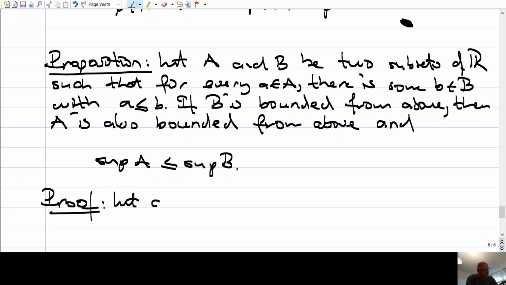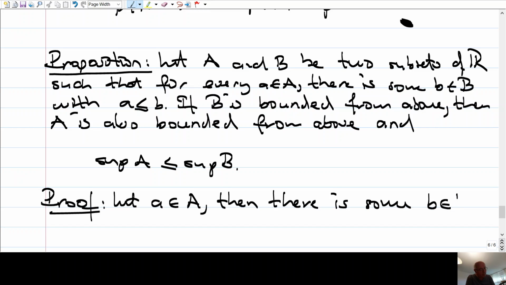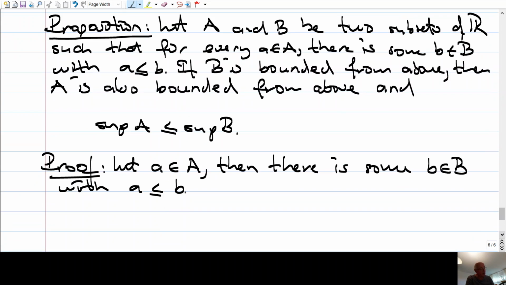Let a be in A. Then by the assumption there is some b in B with a is less than or equal to b. This is the assumption. But we know that B is bounded from above.